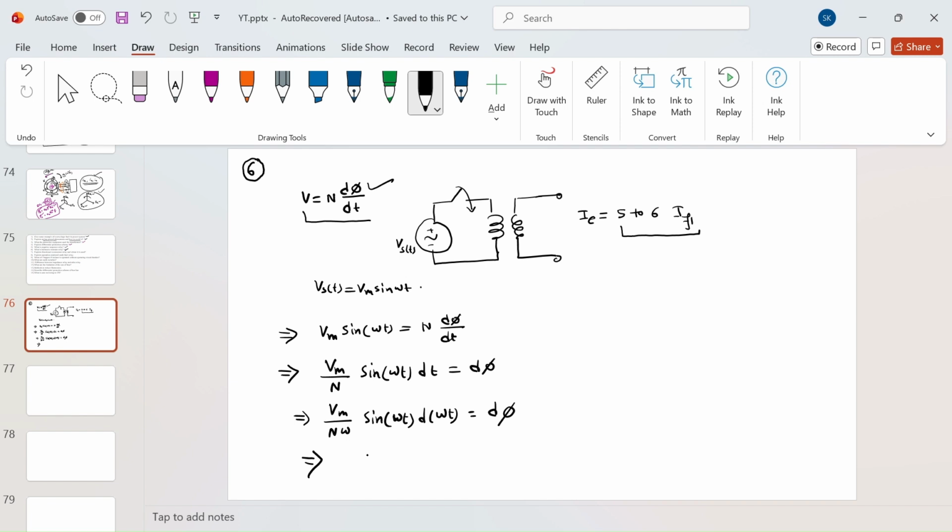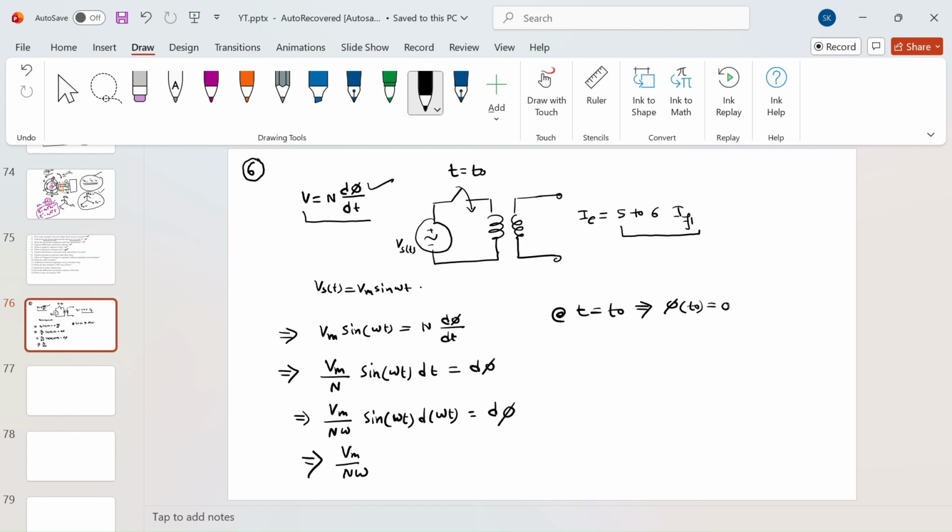Let's say at any time t equal to t naught, you are closing this switch. So Vm by N omega, and at t equals t naught my core was fresh, there was no flux at all, so my core flux was simply zero at t equal to t naught.